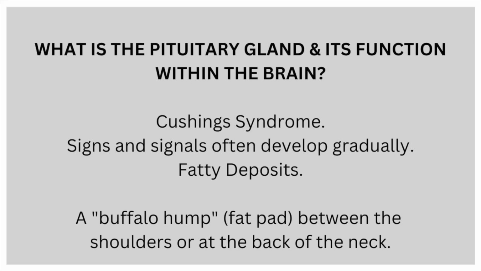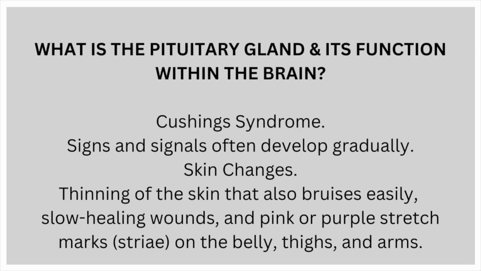Also seen are fatty deposits, like a buffalo hump, this being a fat pad between the shoulders or at the back of the neck. Skin changes may also be seen. The thinning of the skin that also bruises easily, slow healing wounds, and pink or purple stretch marks on the belly, thighs and the arms.